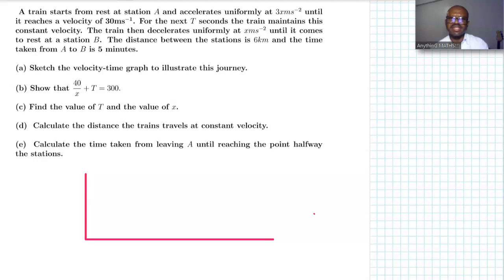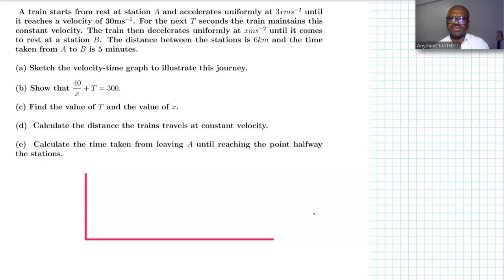The train then decelerates uniformly at s meters per second squared until it comes to rest at a station B. The distance between the stations is 6 kilometers and the time taken from A to B is 5 minutes. Sketch the velocity time graph to illustrate this journey.